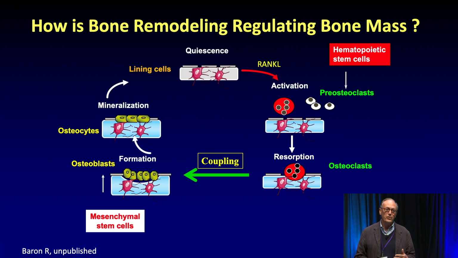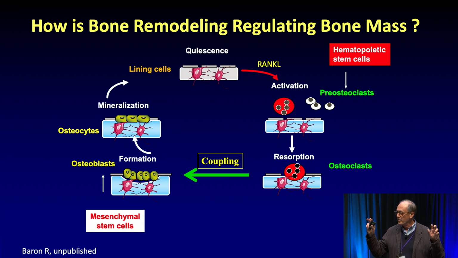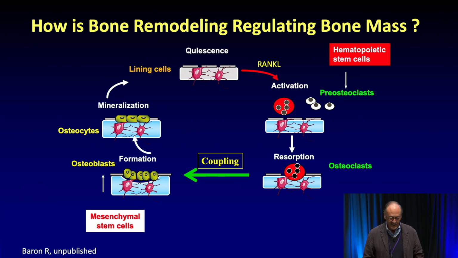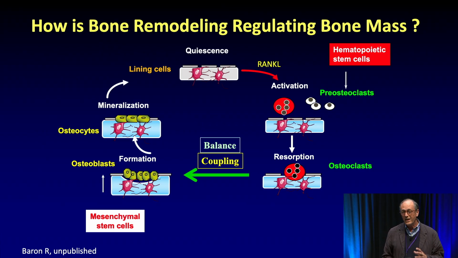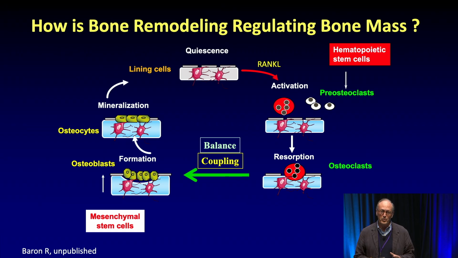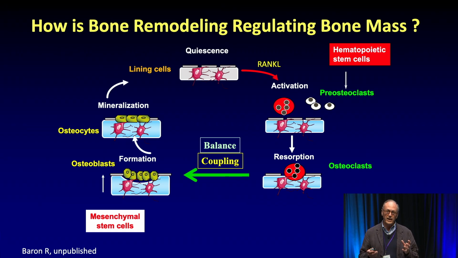In our jargon, the fact that osteoclasts can recruit osteoblasts at the site where they resorb the tissue, we call that coupling. And so that's the first concept, that you need coupling. In other words, you need the messages to be delivered after the resorption phase so that the repair phase occurs at that site. And the second concept that is, of course, extremely important is quantitative, and we call that balance.